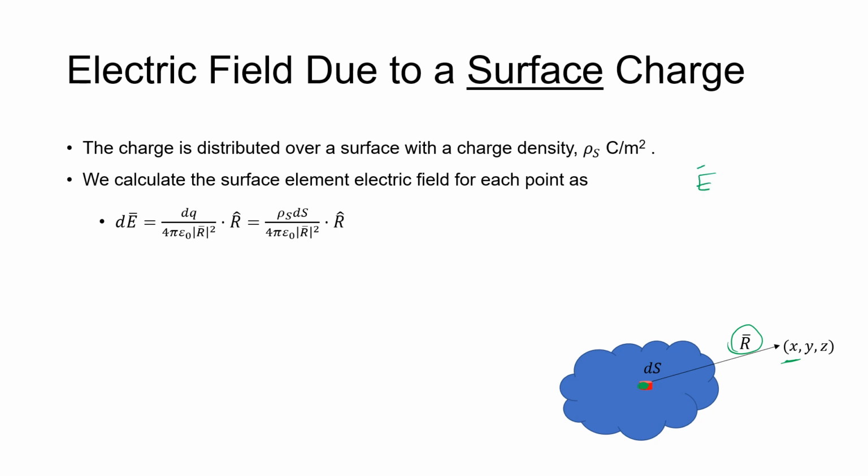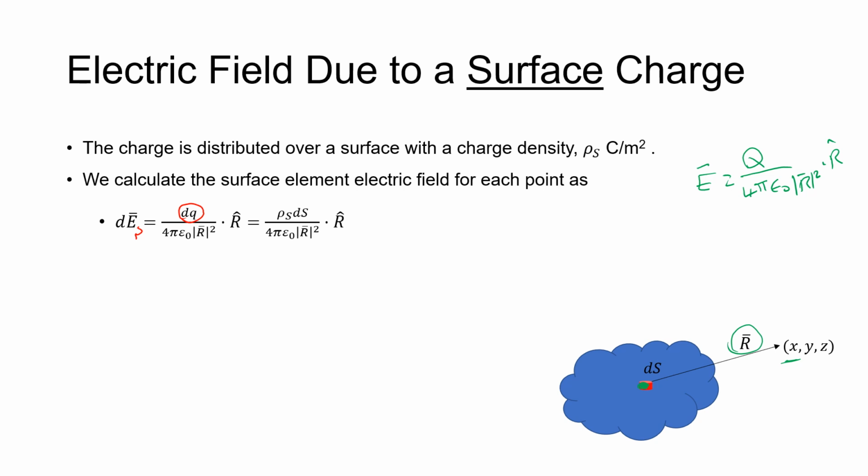Remind ourselves we have E equal to Q over 4 pi epsilon naught R squared in the direction R hat unit vector. Due to this charge density, we cannot use this law directly. So we start with a small portion dq.